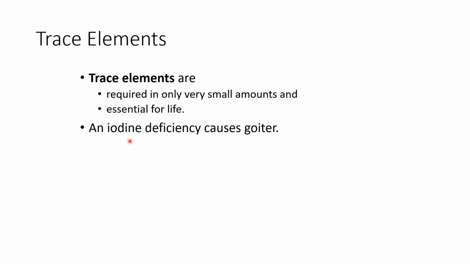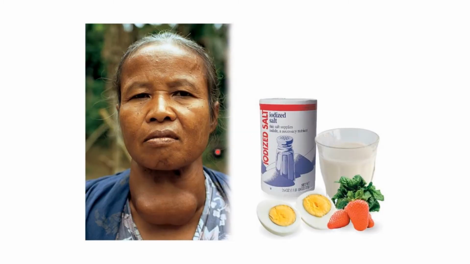So those trace elements are very essential for life. One trace element that we don't need in huge amounts, but we do need, is iodine. Even though it's a trace element, it is so important that we get iodine, and we usually get it from the diet. If someone does not get enough iodine from their diet, they can get the disorder known as goiter. If you take a look at this image, you notice that this individual's thyroid gland is pretty swollen.